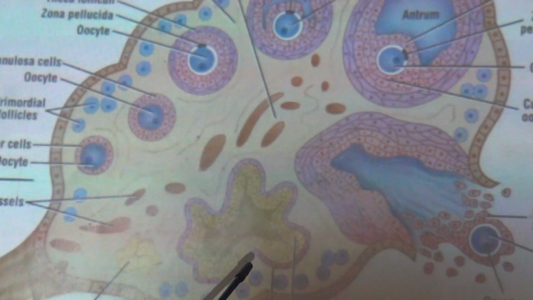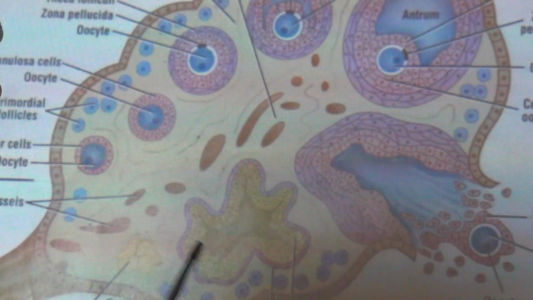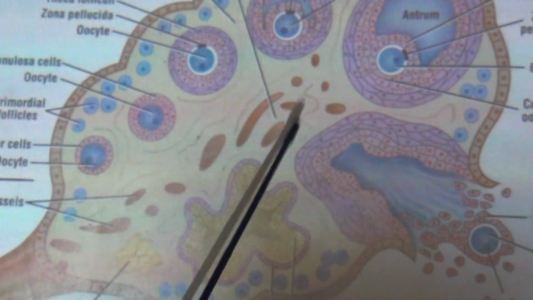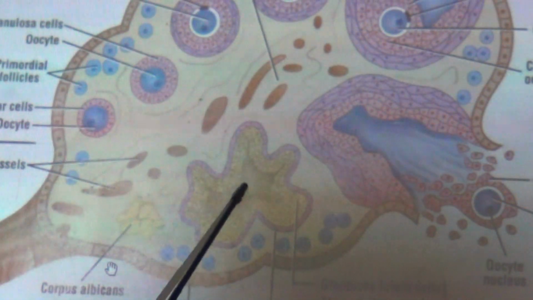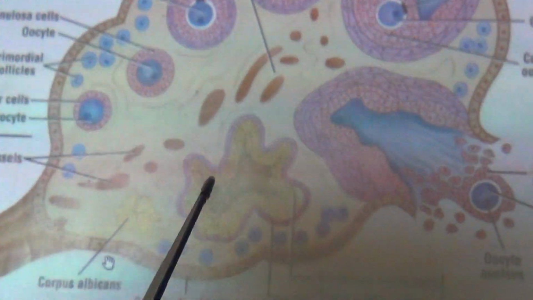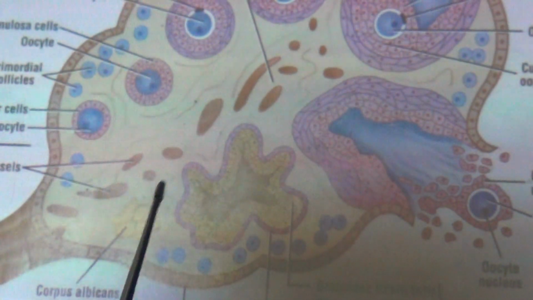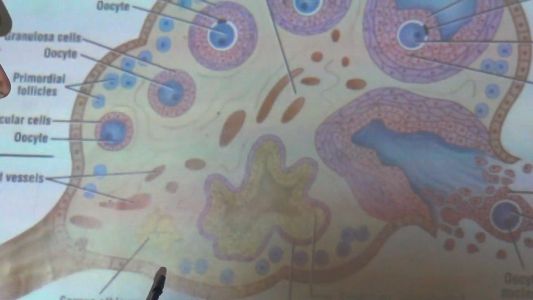If pregnancy does not occur, then this corpus luteum changes into connective tissue, the blood vessels become degenerated, and the cells here become degenerated and are replaced by connective tissue.